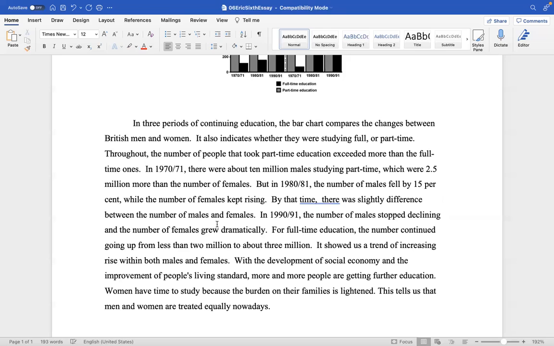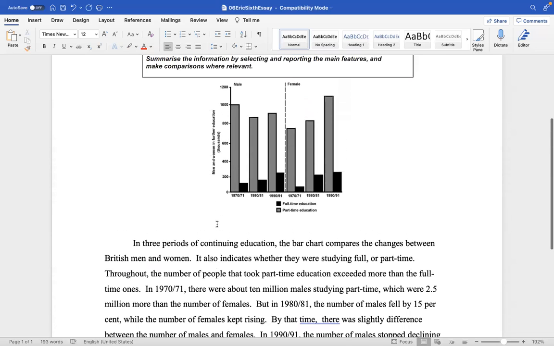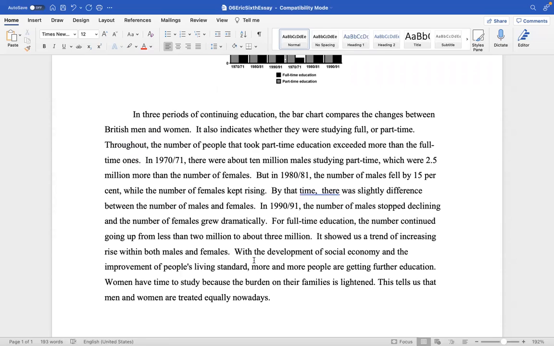So, in 1970 to 71, this might be a British thing. That's interesting. "In 1970 to 71, there were about 10 million males studying part-time, which were 2.5 million more than the number of females." Okay, that's good. This is really good.